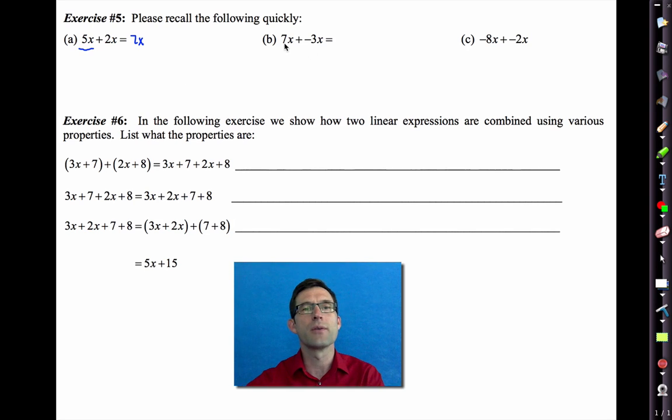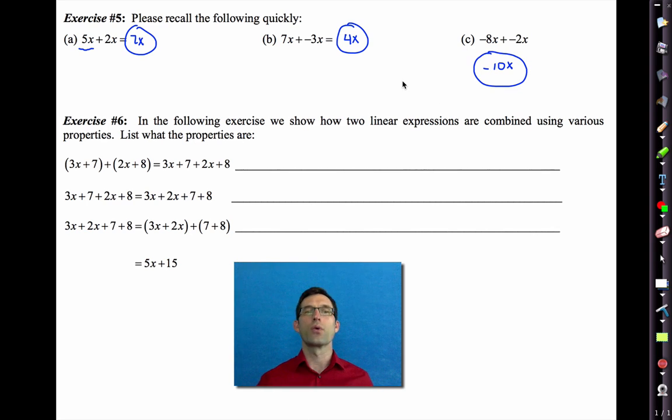Here it's a little bit trickier. If I have 7 positive x's and 3 negative x's, then I have a grand total of 4 positive x's. Likewise, if I have negative 8x's and negative 2x's, then in total I have negative 10x's.